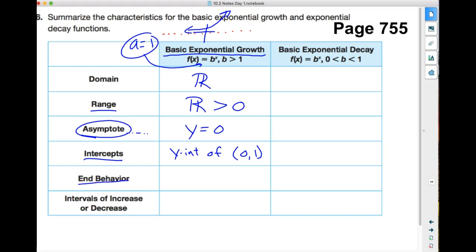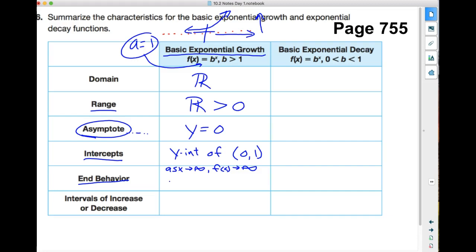End behaviors. It has been a little bit since we talked about end behaviors, since our polynomials. That is, as x goes to infinity, f of x goes where? So as I go out to infinity, my graph is going up on a growth. So as x approaches infinity, f of x approaches infinity because the right side is growing.